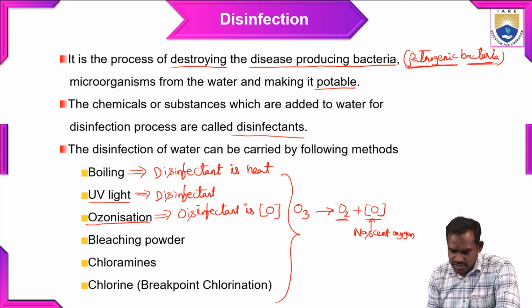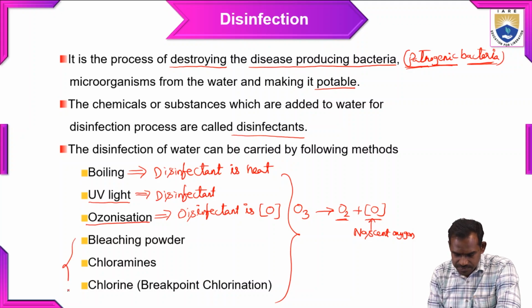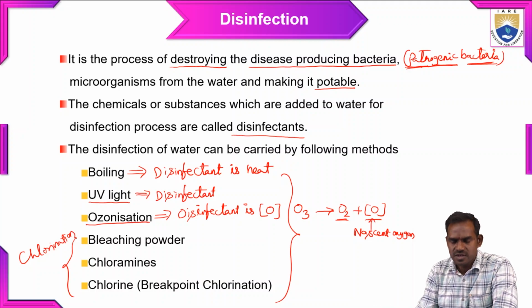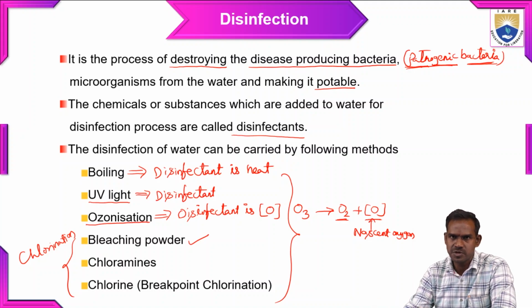And there are three techniques which are used in the chlorination process. One of the techniques is using bleaching powder. Bleaching powder is added to water and water will be free from microorganisms which respond to bleaching powder.